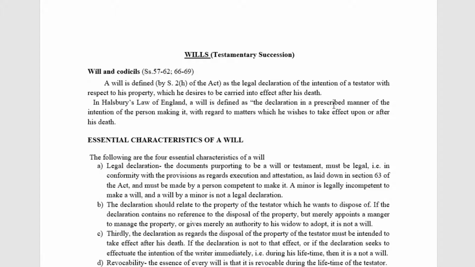And here the primary thing is that the effect of this will should come after the death of the testator. So these things we can come across under this definition of section 2(h) of the Indian Succession Act.